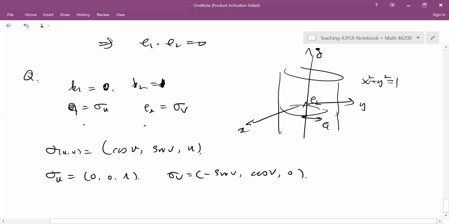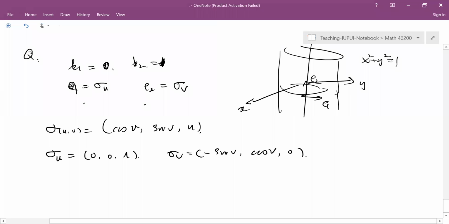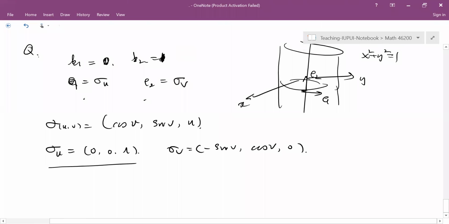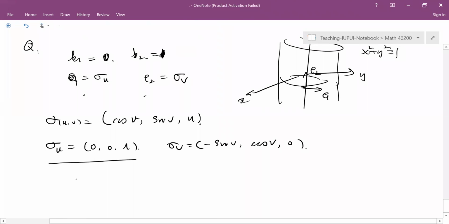To do that, we just need to take a look at the normal vector. We can find this directly, not necessary to go through the E, F, G, M, L, N. That's actually more complicated. So the normal vector is sigma U times sigma V.